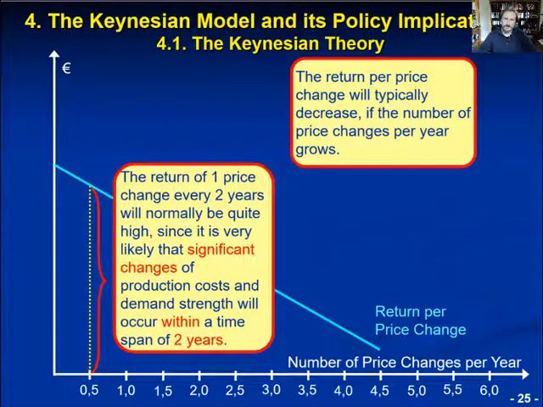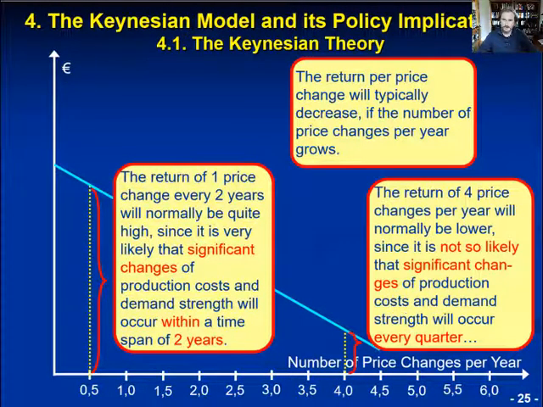To the contrary, the return of, let's say, 4 price changes per year should normally be quite lower, since it is not so likely that significant changes of production costs and demand strength will occur every quarter.